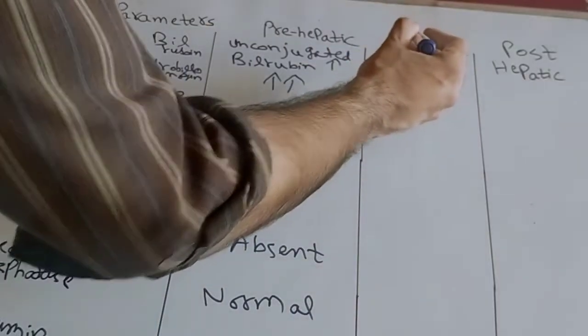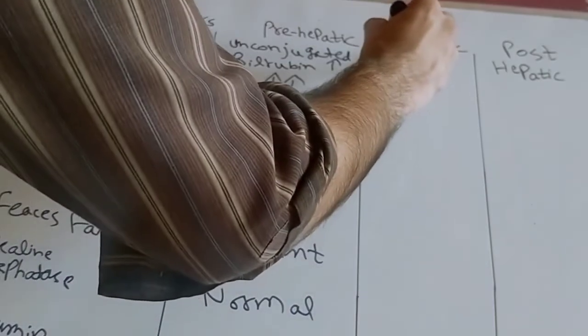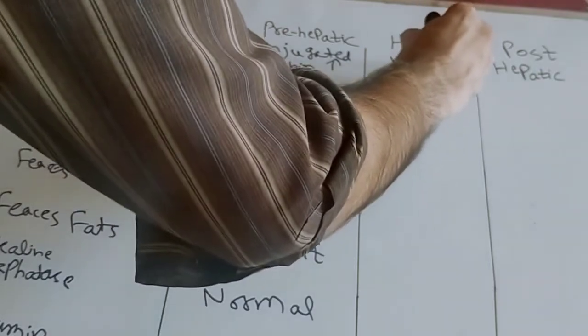Then if we talk about the hepatic, in hepatic both conjugated and unconjugated bilirubin increase.